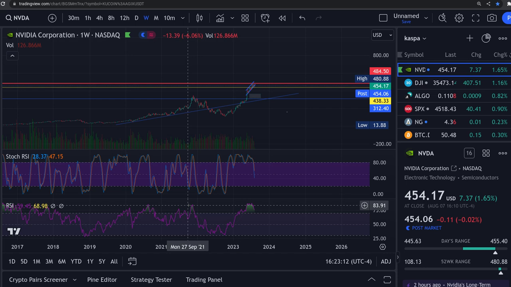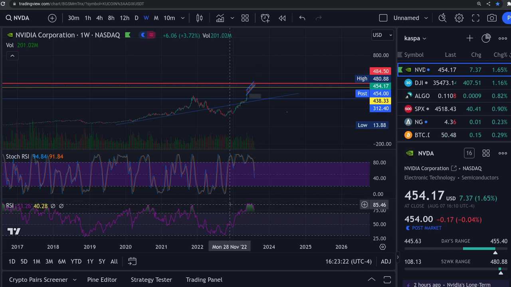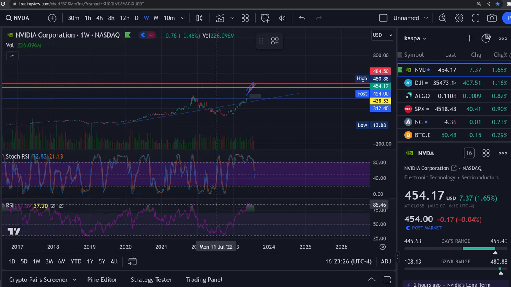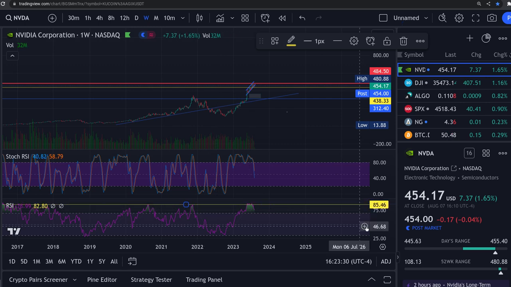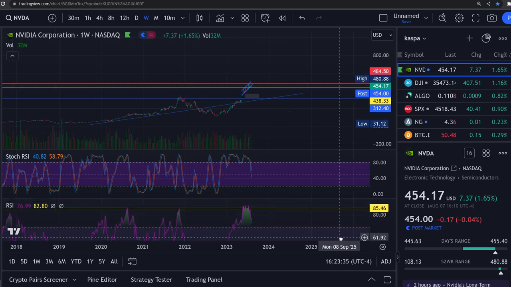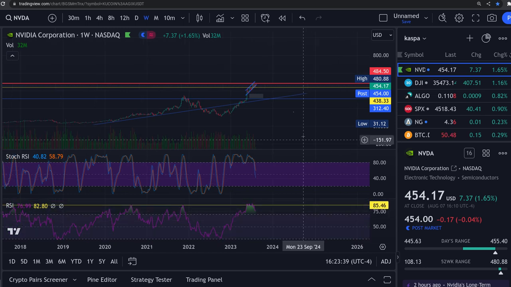We did have a slightly higher high in price action here, which is what you want to see. But it seems like this is a resistance area for this thing on the RSI. You can see right there how it just barely scraped above it. So technically the weekly would be alright.